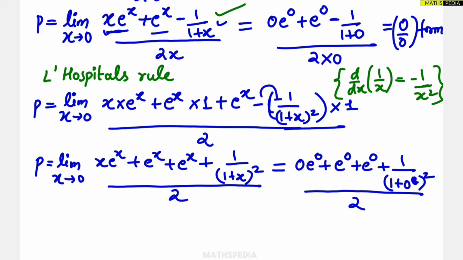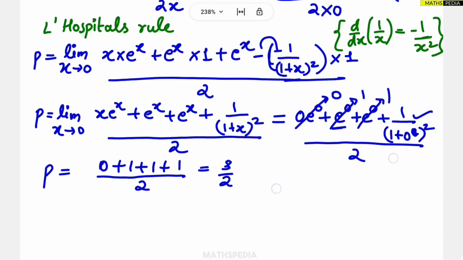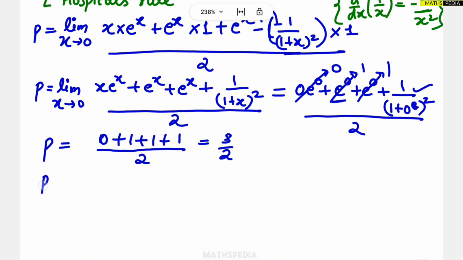The first part becomes 0, and the other parts are each 1. So we get 0 plus 1 plus 1 plus 1 whole divided by 2, which is 3 by 2. So the final result is that the limit of the function is 3 by 2.